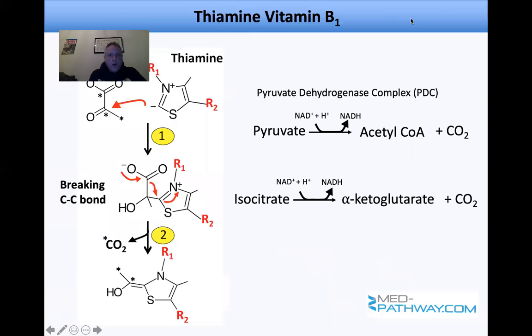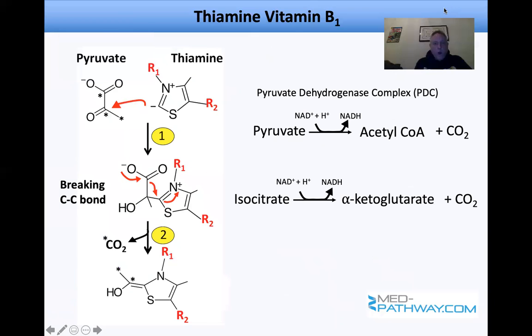So we go over to thiamine, or vitamin B1. So we'll see a cascade of reactions that's best illustrated by the action of the pyruvate dehydrogenase complex. This mitochondrial complex converts pyruvate, a 3-carbon entity, into the 2-carbon acetyl-CoA and liberates CO2.